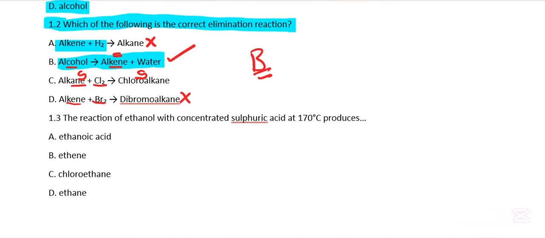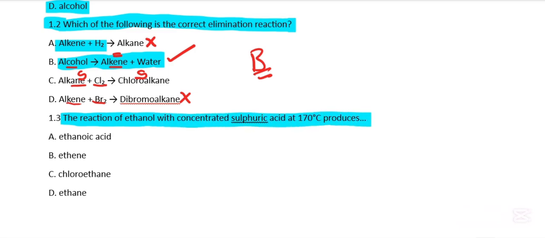Number 3, what does it say? The reaction of alcohol with concentrated sulfuric acid at 170 degrees Celsius produces. So let's do this one now. This is ethanol, carbons 1, 2. Eth means 2, there is OH here.